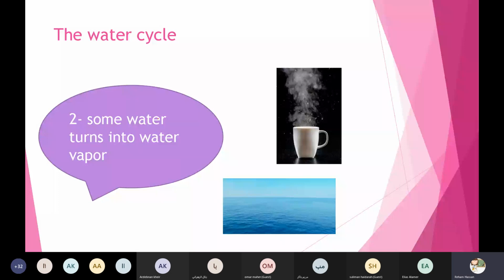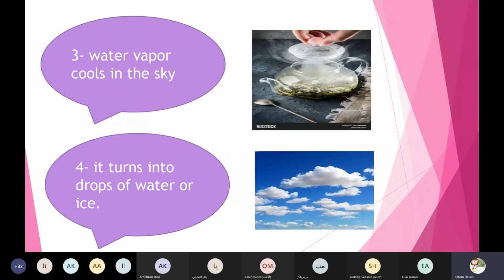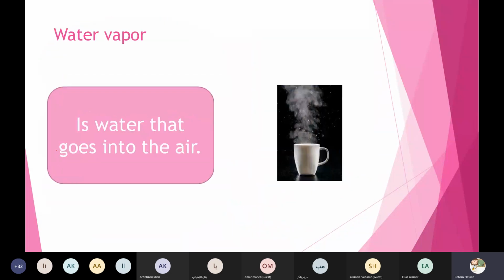Number two, some water turns into the water vapor. So some water from these rivers, oceans, or ponds will turn into the water vapor. And what is the water vapor? It is the water that goes into the air.